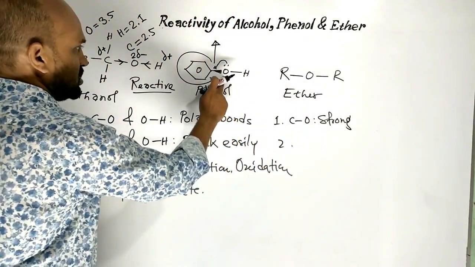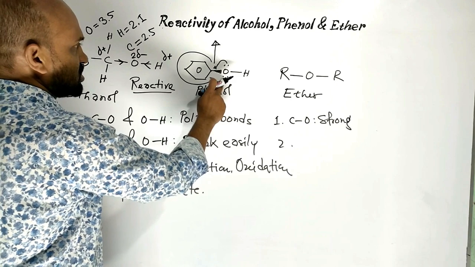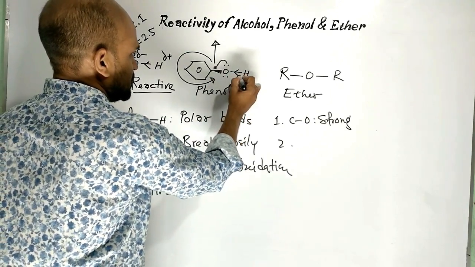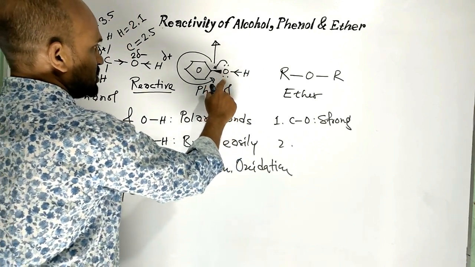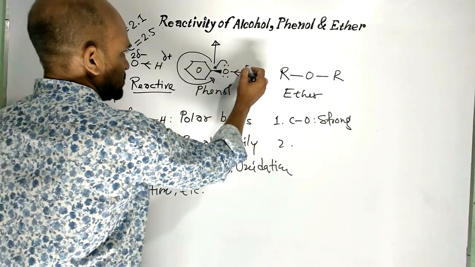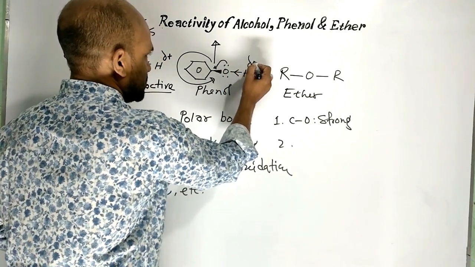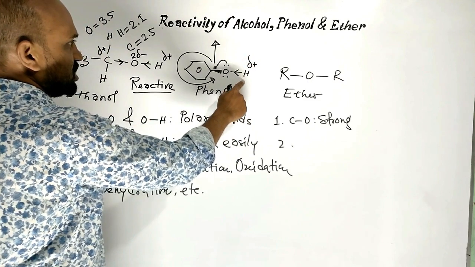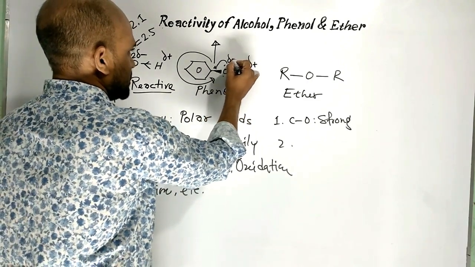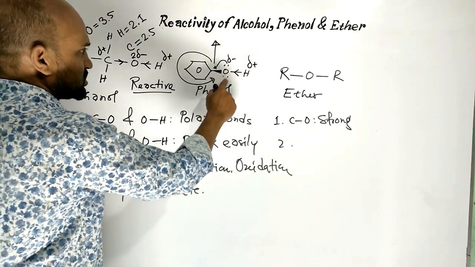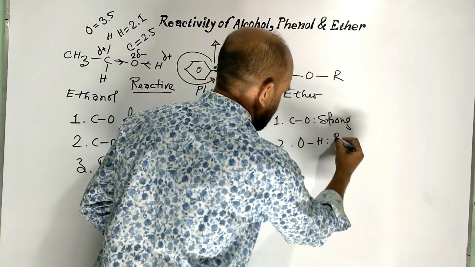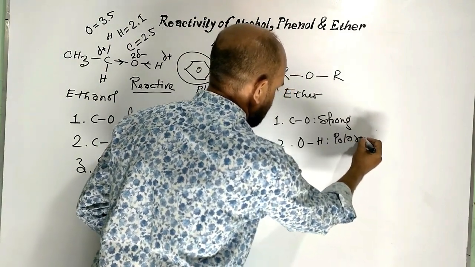but oxygen's electronegativity is higher than hydrogen. Electron cloud of the oxygen hydrogen bond moves toward oxygen. As a result, this hydrogen becomes partially positive in charge and oxygen becomes partially negative in charge. That is, the oxygen hydrogen bond is a kind of polar bond.